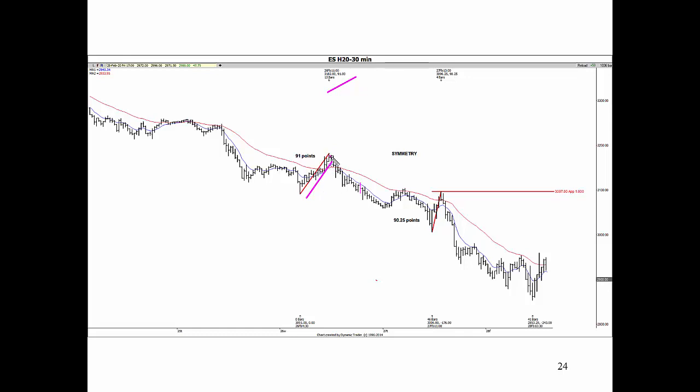Okay, so when the market started trading back down, of course I'm going to take all those projections on the left and project them from the new low to look for the next resistance. In this case, I'm just showing you the one here for the example. And this low to high, or actually this projected 3097. The actual high was 3096.25, and this swing ends up being 90.25 points versus 91 points.